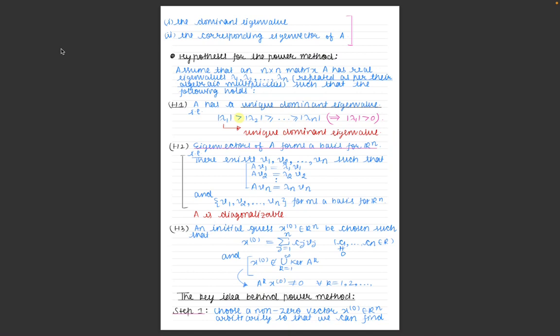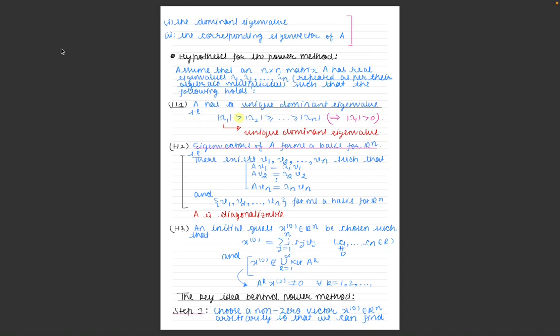Now the third assumption is an initial guess. See, what we need to do, given a dominant eigenvalue, we need to find an eigenvector. So we start with an initial guess for the eigenvector corresponding to the dominant eigenvalue.